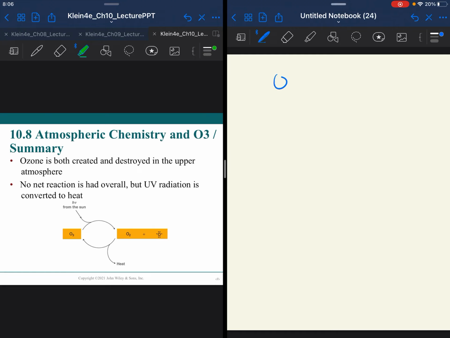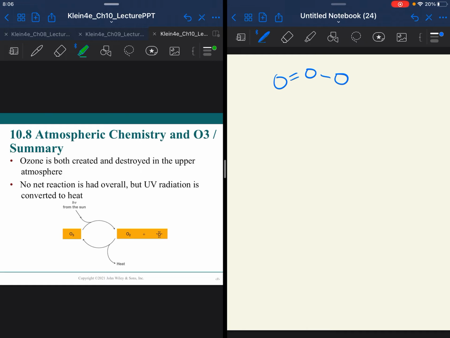O3, which has a resonance structure, is three oxygens and a resonating double bond. It is created and destroyed, so we have this cyclic reaction here in the upper atmosphere. There's no net reaction, but what happens in this cycle is a conversion of energy.